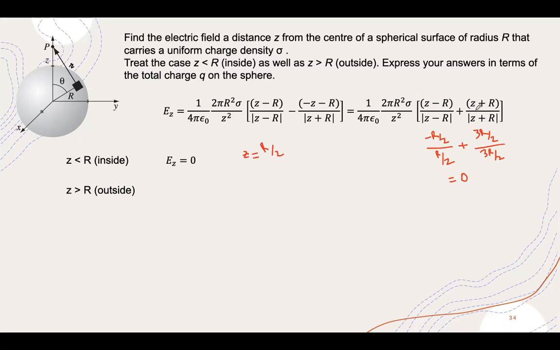So now we have to understand that Z is greater than R, so you can take, for example, Z equal to 2R. If I substitute 2R here, then this is going to have 2R minus R divided by 2R minus R, so this is going to be 1. And if I substitute here, this is also going to be 1, right? So this is simply going to sum up and we're going to get a factor of 2.